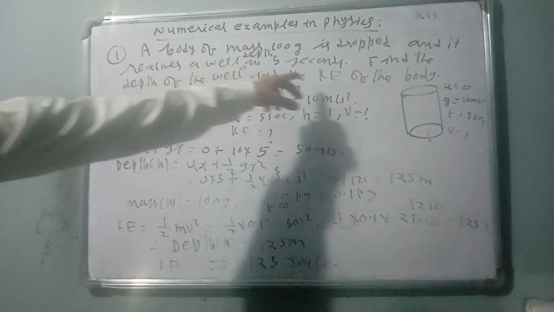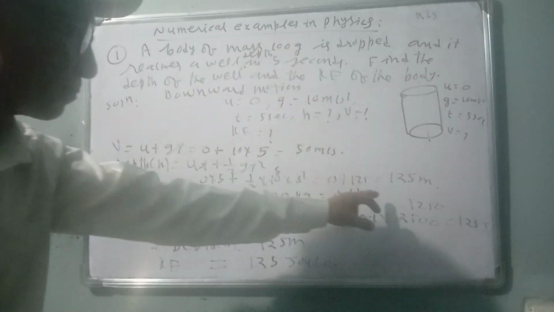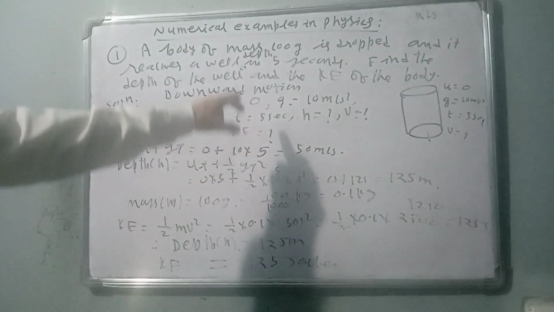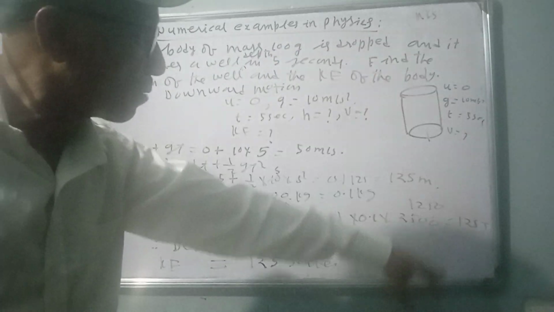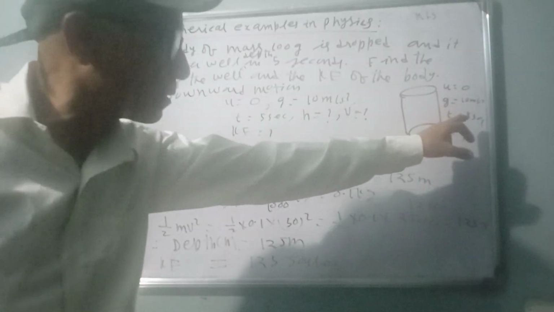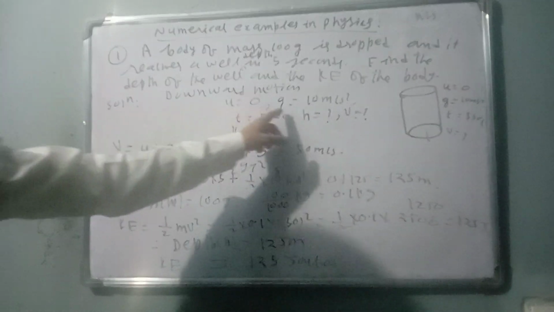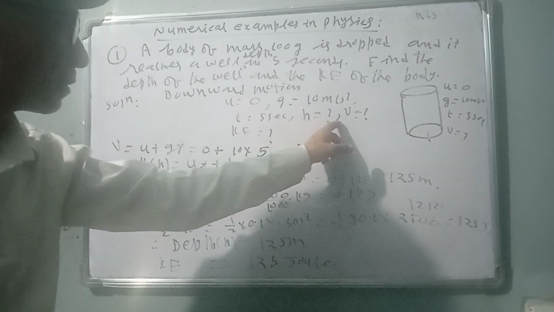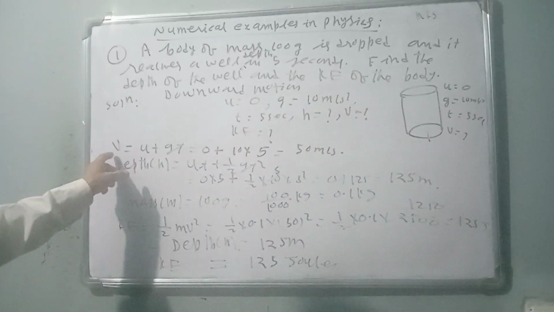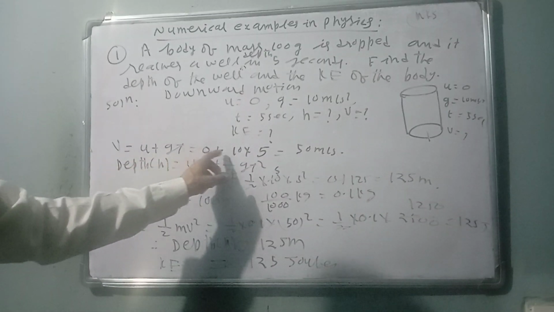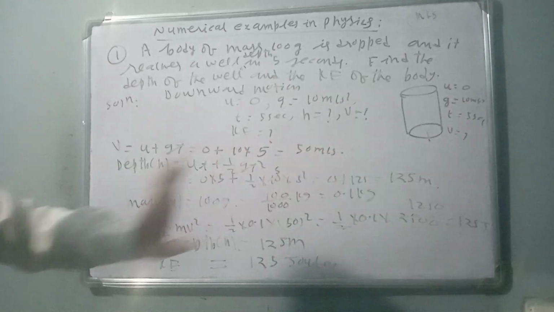Okay, now a quick revision. Mass 100 gram, change into kg. Drop down, u equal 0. g is 10, time taken 5 seconds. Final velocity, depth, kinetic energy to be found. v equal u plus gt, 50 meter per second.